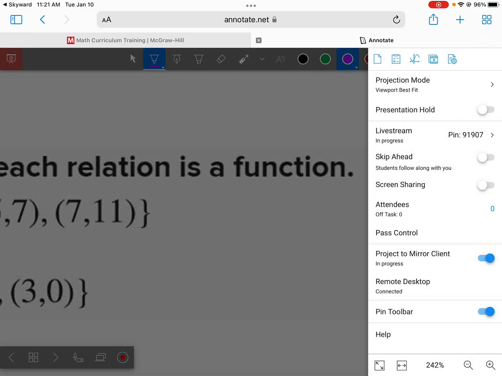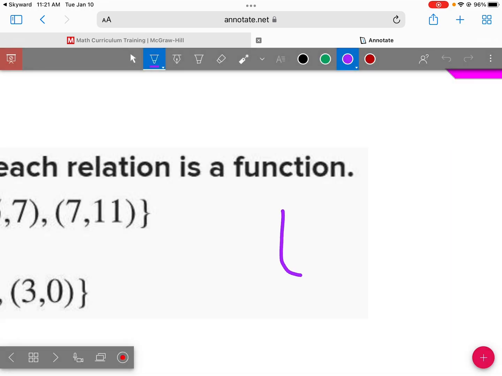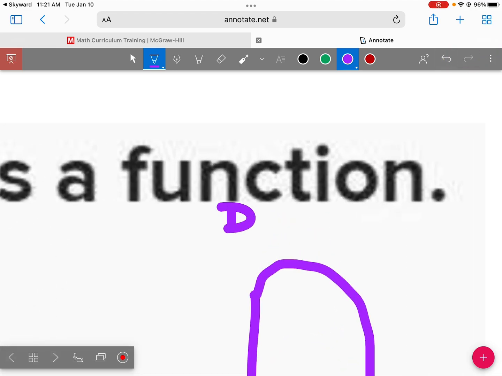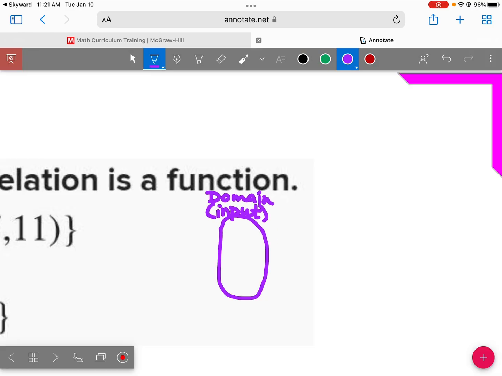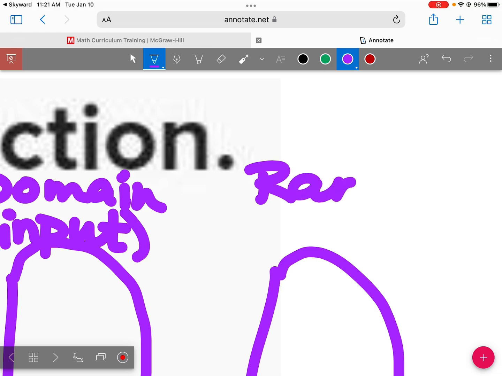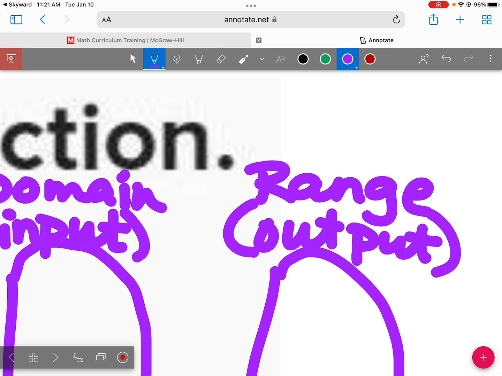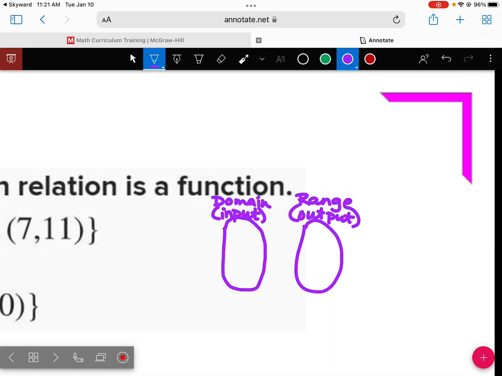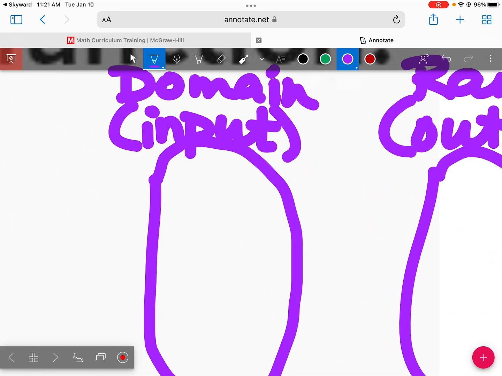So if I were to draw out my domain, my inputs, and my range, my output, what are the things that would go in the domain? Which pieces go in the domain?